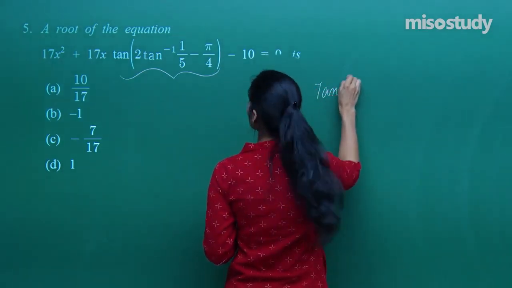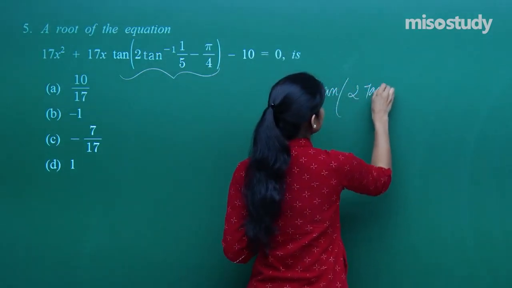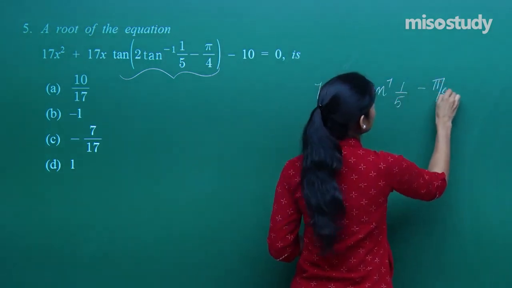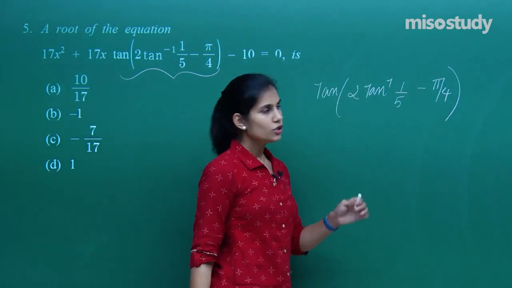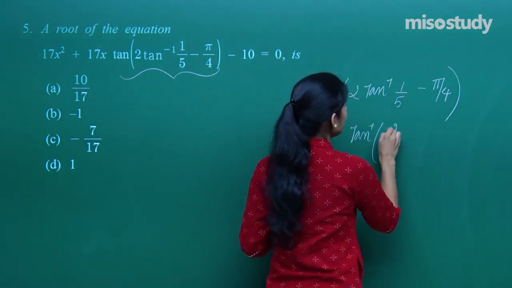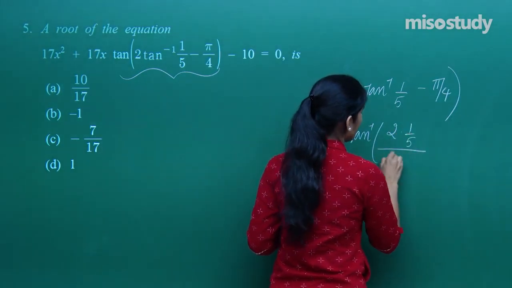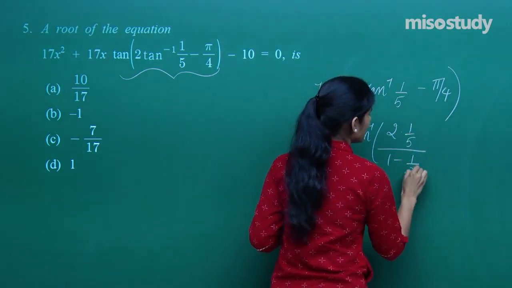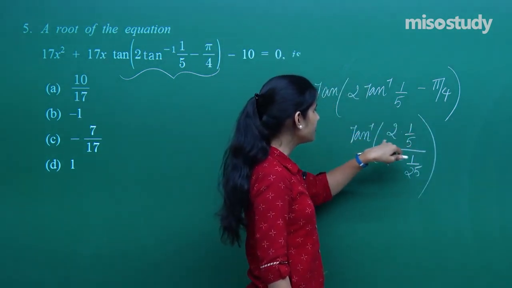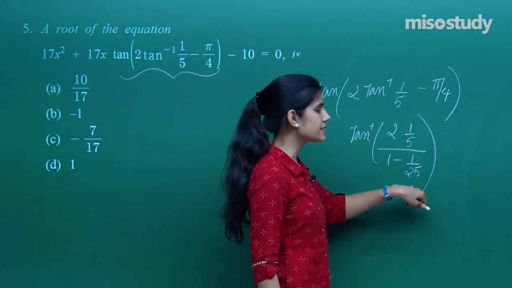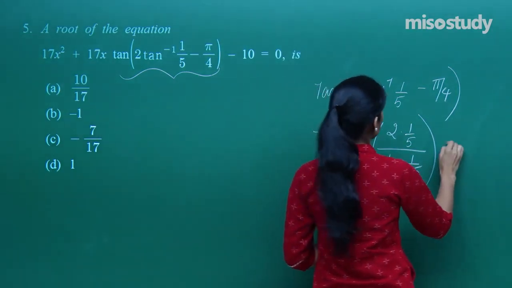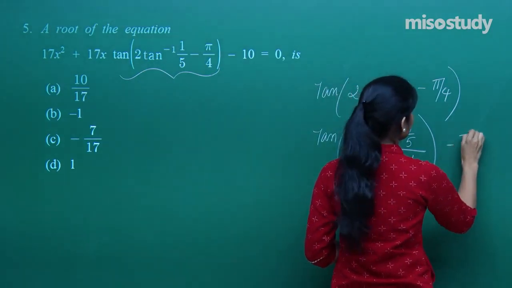This is tan of 2 tan inverse 1 by 5 minus pi by 4. 2 tan inverse x is tan inverse 2x upon 1 minus x square. Understood? 2 tan inverse x is tan inverse 2x upon 1 minus x square, tan of this minus pi by 4.